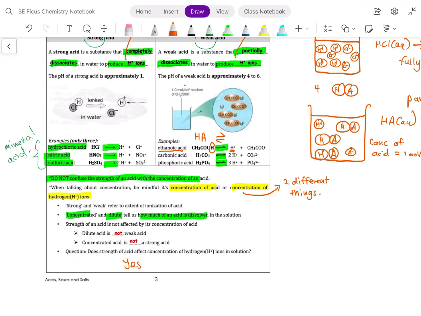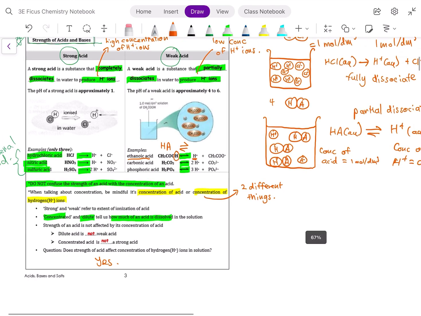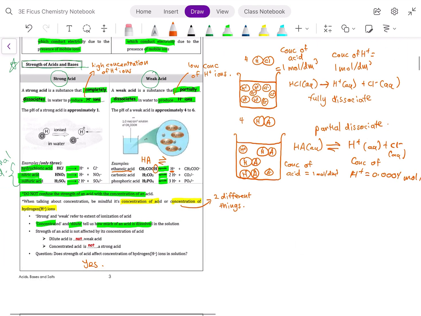Yes, because just look at this example on the right. The strength of the acid affects the concentration of H plus, because usually the concentration of H plus will be high if it's a strong acid, because it fully dissociates.